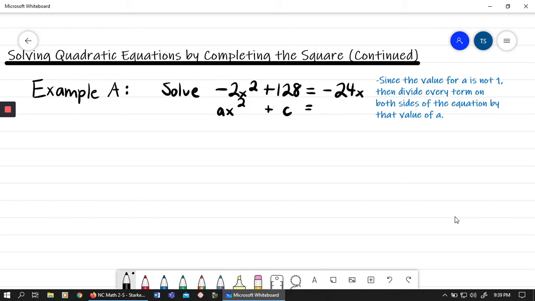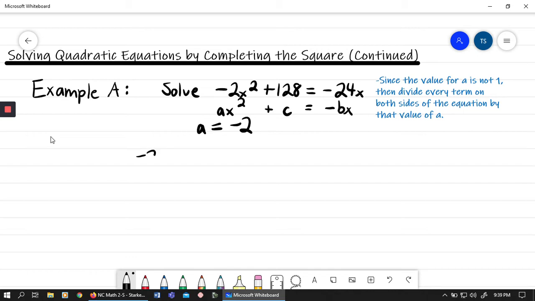The middle term with bx is on the other side of the equation, so we would have to move it to the left side for it to be in standard form for a quadratic. However, we can identify what A is. In this particular case, our A value is negative 2, which is clearly not 1, so we need to divide every term by that A value.